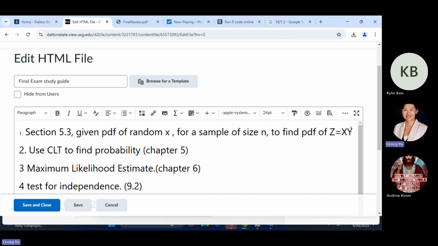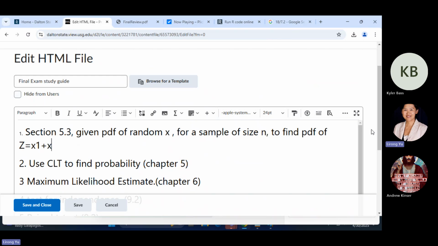We should be able to identify the probability distribution for X1 plus X2 plus X3. So that's something that we practice in 5.3. So let's make it size 3. Is it okay? That way we can relate better to 5.3 instead of moving way back to 5.2.